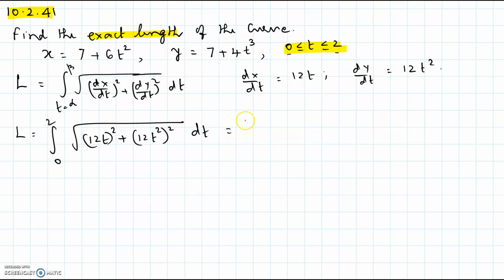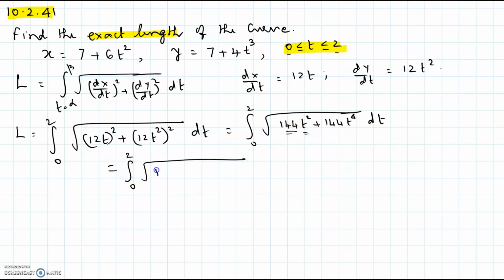So this is equal to the integral from 0 through 2 of the square root of 144t square plus 144t to the power 4, dt. So you can remove the square root of 144. In fact, 144t square is common, so you can remove 144t square outside.